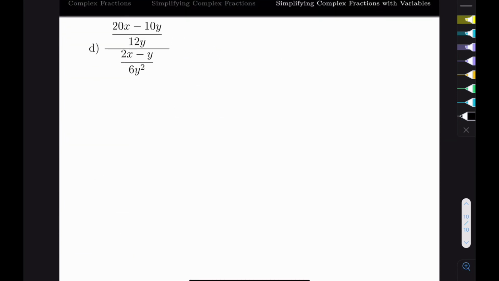So I got one more of these, and thankfully this is already a fraction divided by a fraction. So we go ahead and change this division problem and take our numerator and times it by the reciprocal of the denominator. So we times it by 6y squared over 2x minus y. So now we want to see, do we have stuff that cancels? And again, jump into whatever you see being best first.